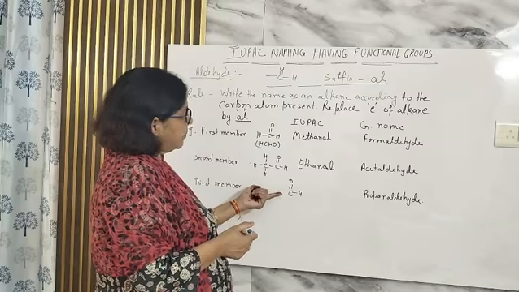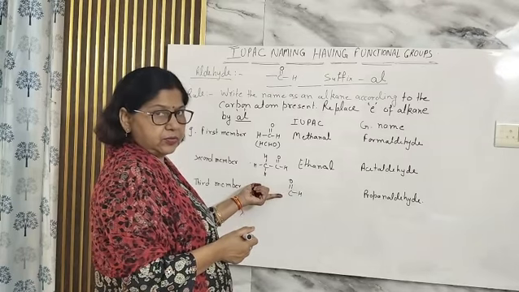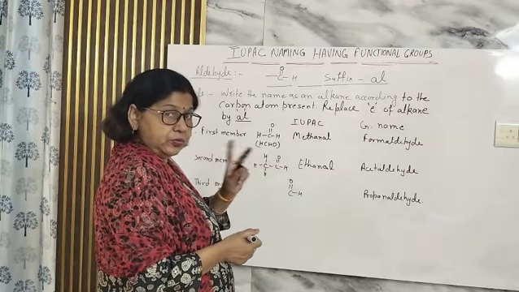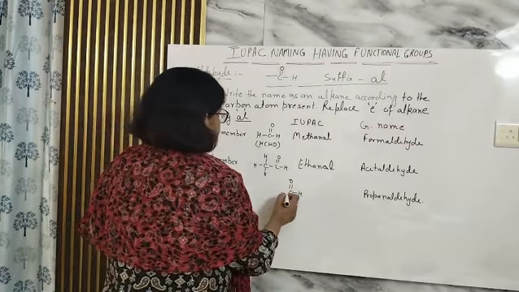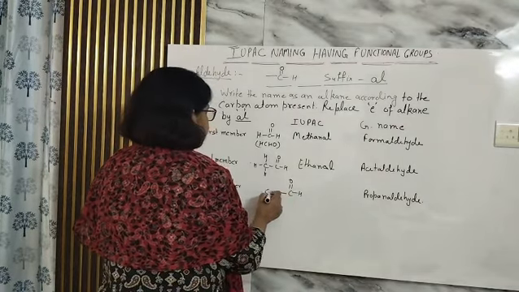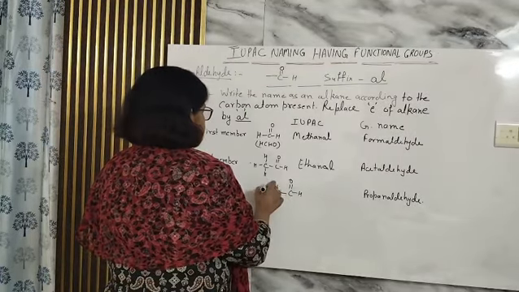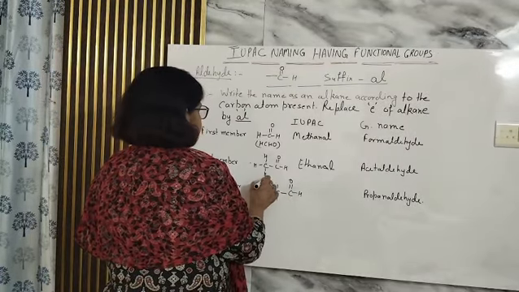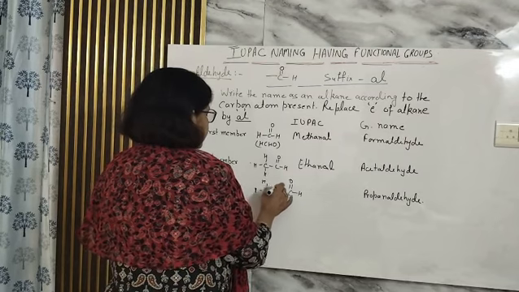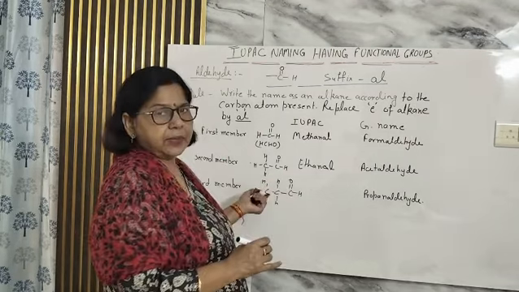So one carbon you have drawn of the functional group. So how many more to draw? 2 more. I draw 2 more, 1 and 2. Put the hydrogen. Yes. So once you have drawn the hydrogen, your molecule and its structure is complete.